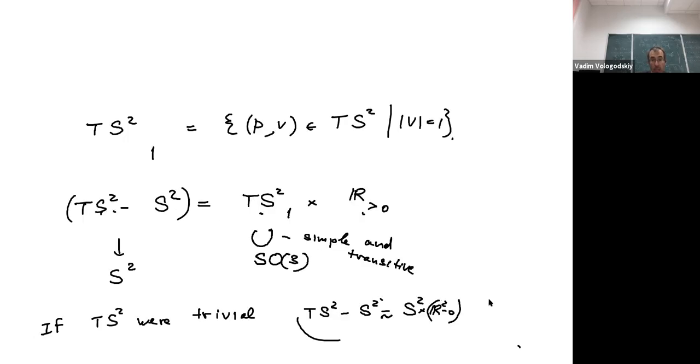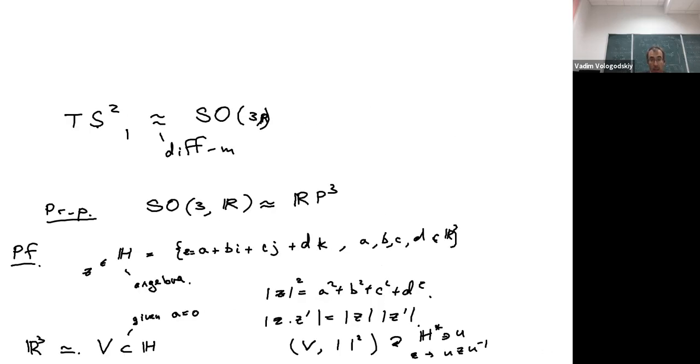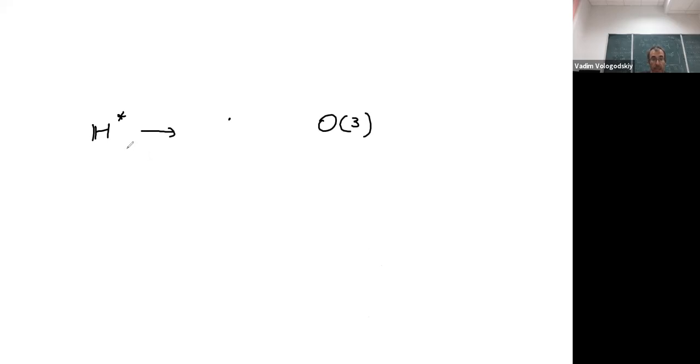It also, this group is connected. Therefore, it actually sits here. This is the subgroup of the orthogonal group that consists of matrices whose determinant is 1.